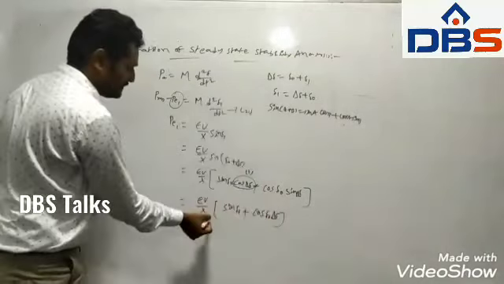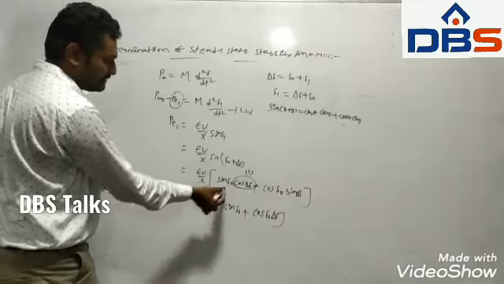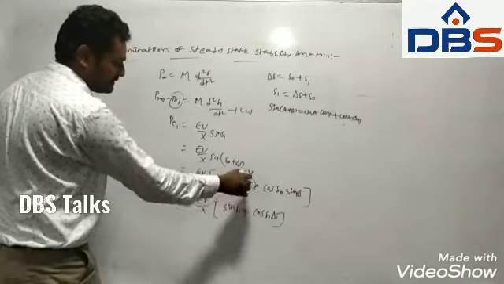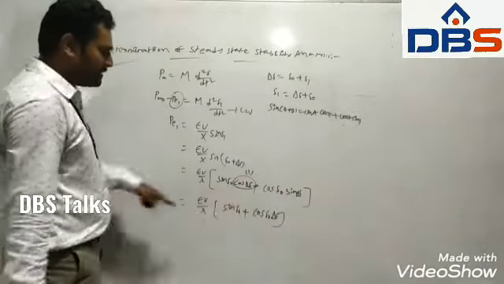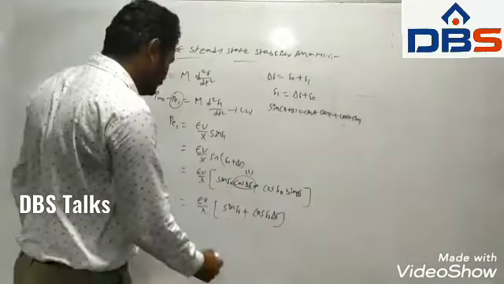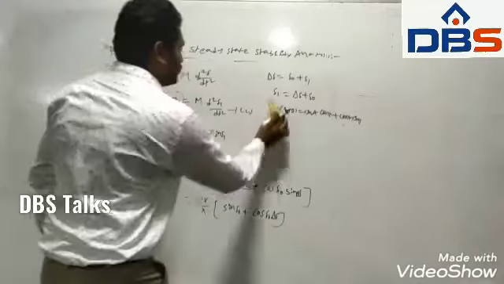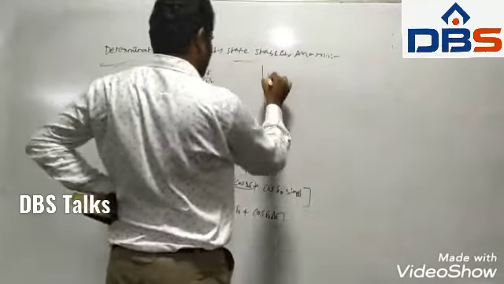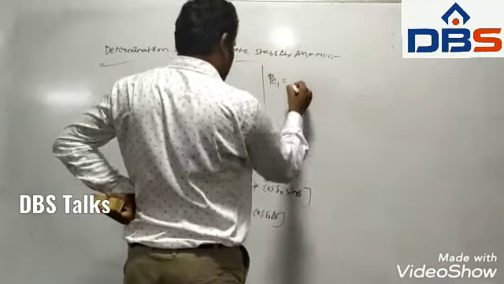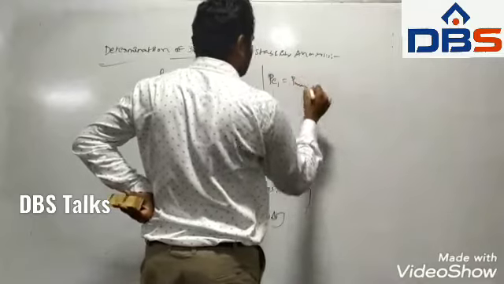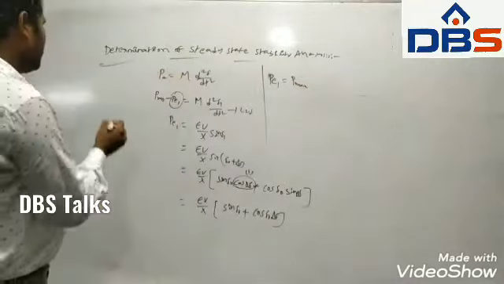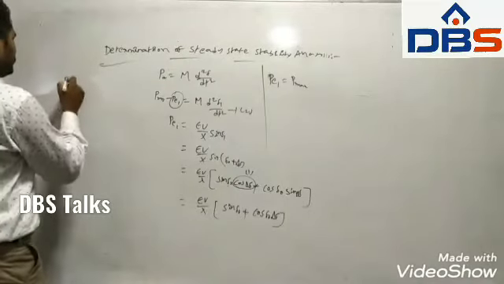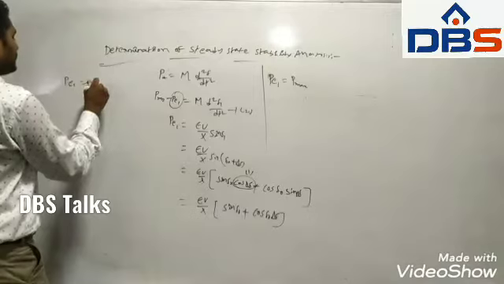We are rewriting this equation as Ev by x into sin delta naught plus cos delta naught into delta delta. Here cos of delta delta is 1. We already know that Ev by x means P maximum. From the static model of the power system network, Pe is equal to P1 is equal to Ev by x into sin delta.